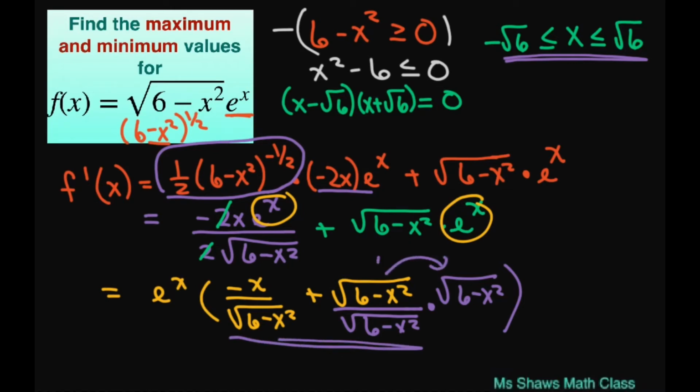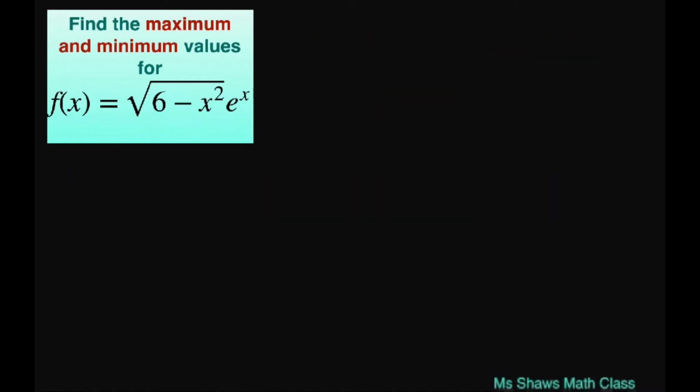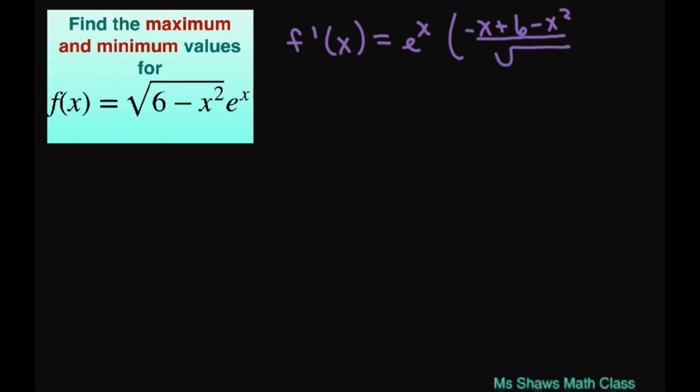When you multiply these two, the square root signs will leave. So that's going to give you f prime of x equals e to the power of x, and then we're going to have negative x plus 6 minus x squared, all divided by square root of 6 minus x squared.